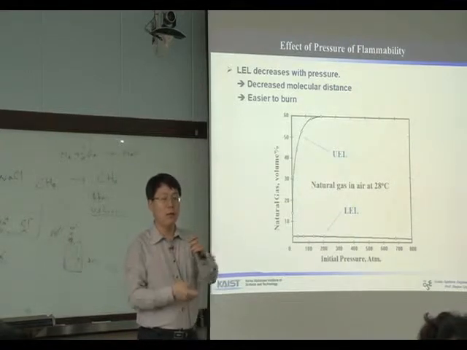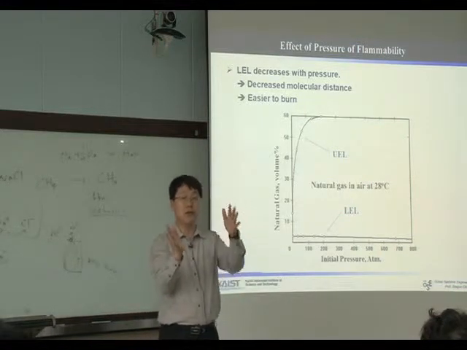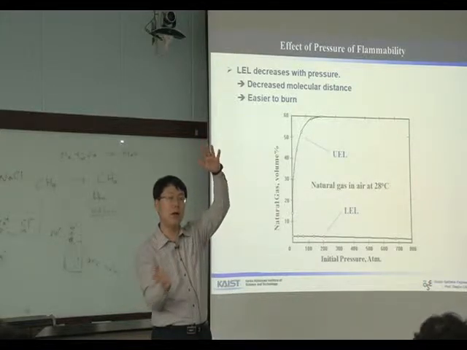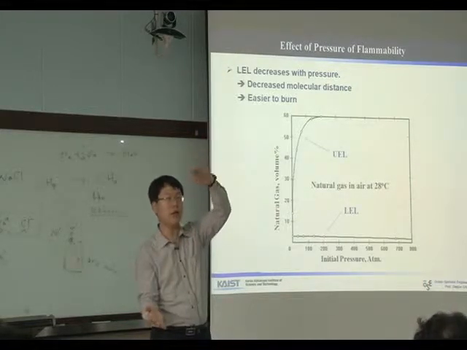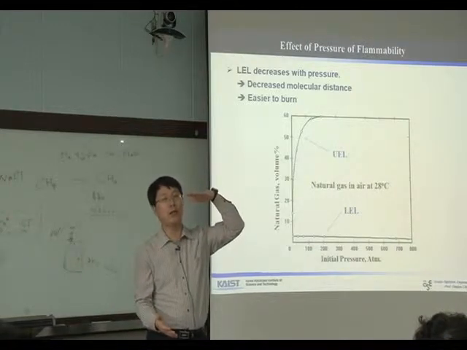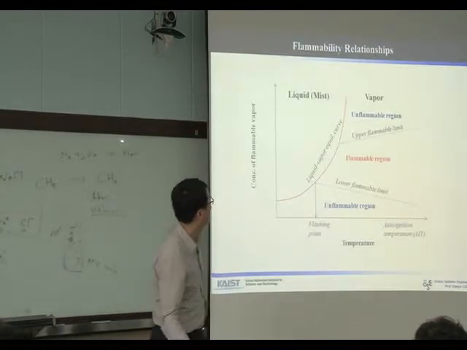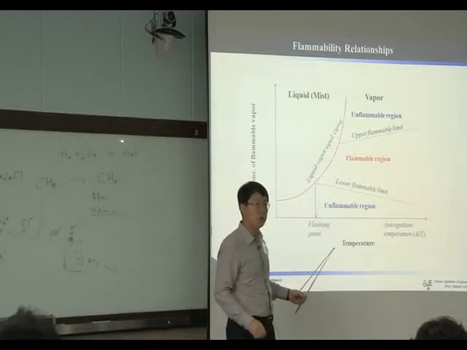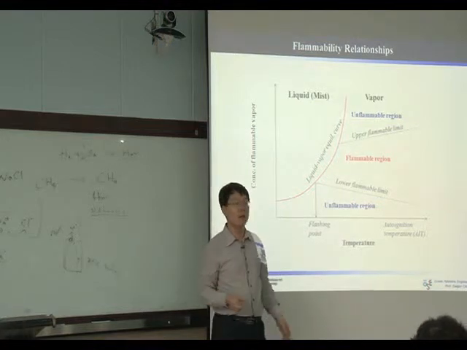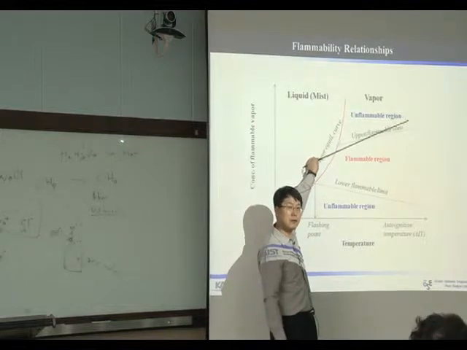So that means the ignitable concentration region should be increased. Okay, so LEL should be decreased and UEL should be increased. So with the temperature, the flammable region increases. Okay, LEL decreases and UFL increases.